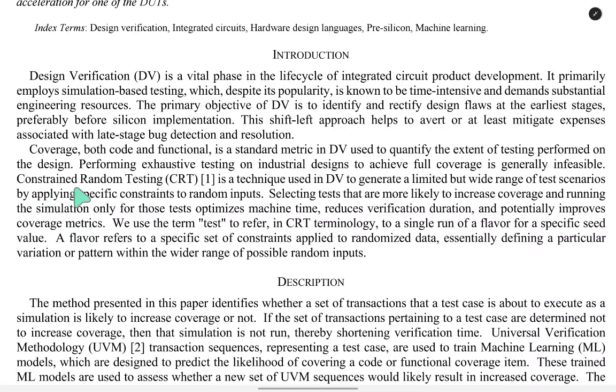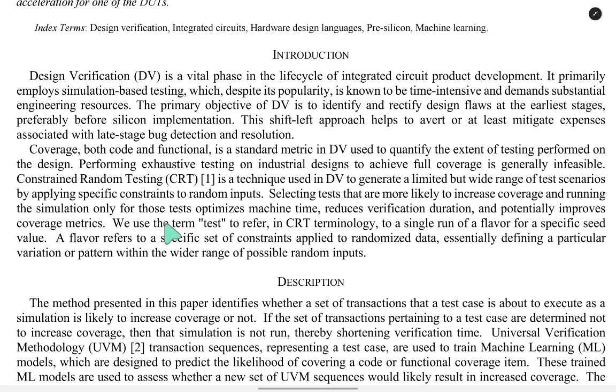Constrained random testing (CRT) is a technique used in DV to generate a limited but wide range of test scenarios by applying specific constraints to random inputs. Selecting tests that are more likely to increase coverage and running the simulation only for those optimizes machine time, reduces the verification duration, and potentially improves the coverage metrics.